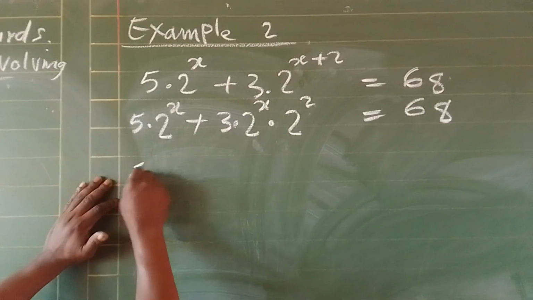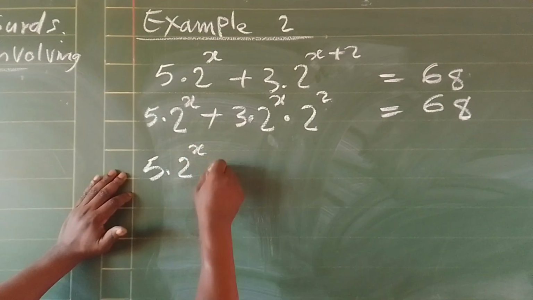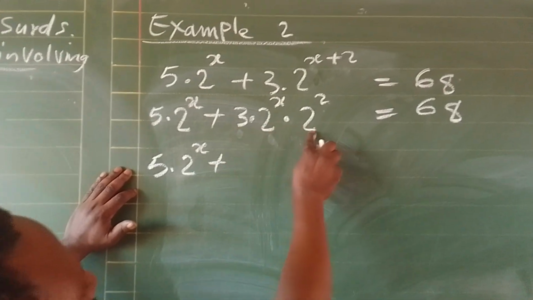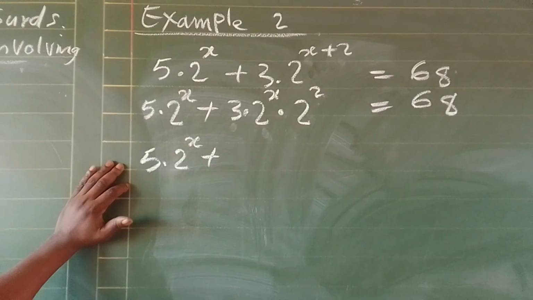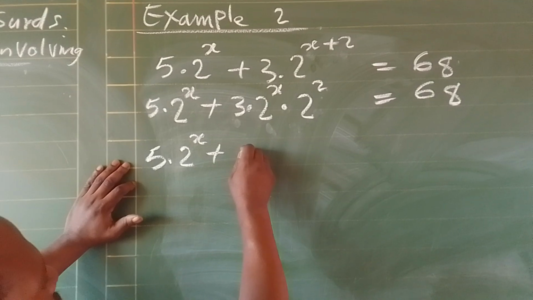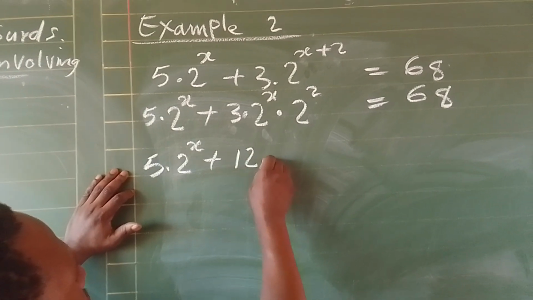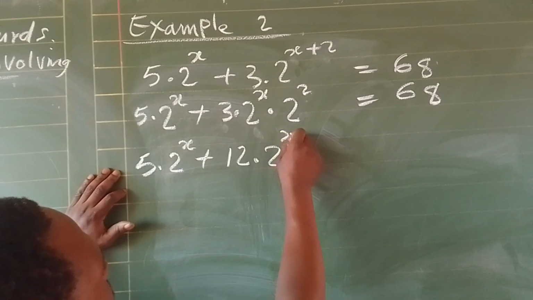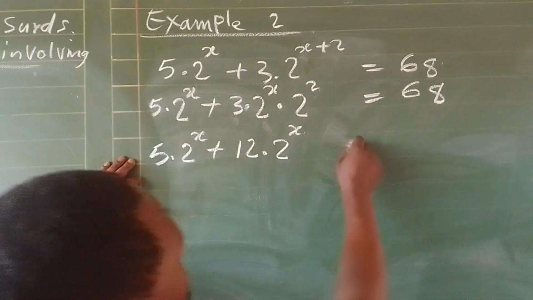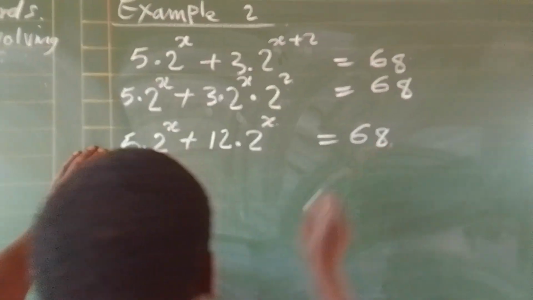Now 5 times 2 to the power x plus 3 times, 2 to the power 2 is 4. 4 times 3 is 12, multiplied by 2 to the power x is equals to 68.